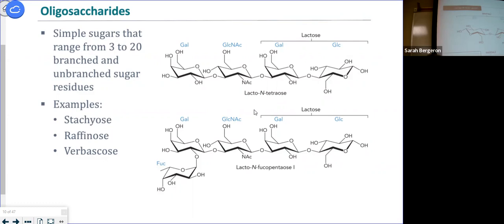The two that I'm showing you here are actually from milk: lacto-N-tetraose and lacto-N-fucopentaose. These two are actually found in mother's milk. So if you look at mother's milk, you have free monosaccharides, you have some proteins, and then you have some of these oligosaccharides.